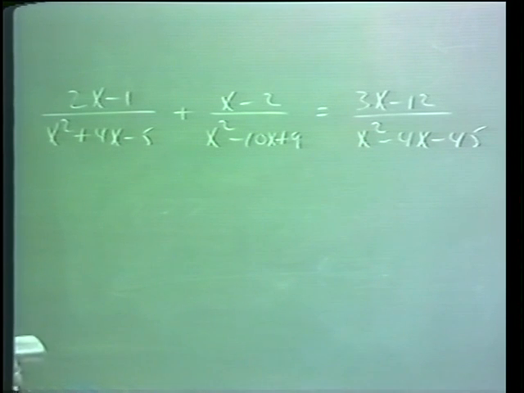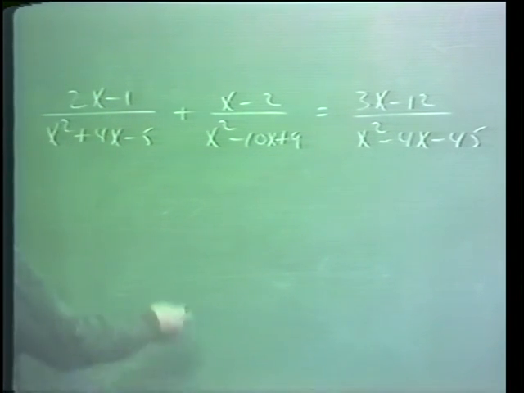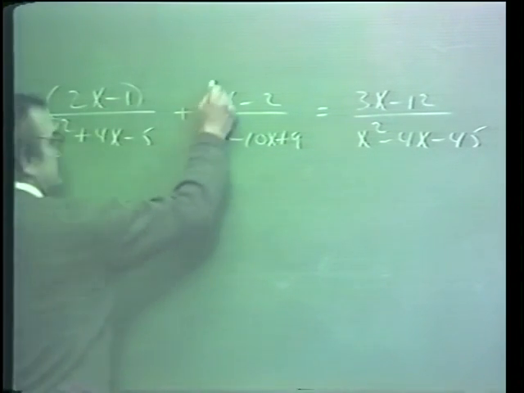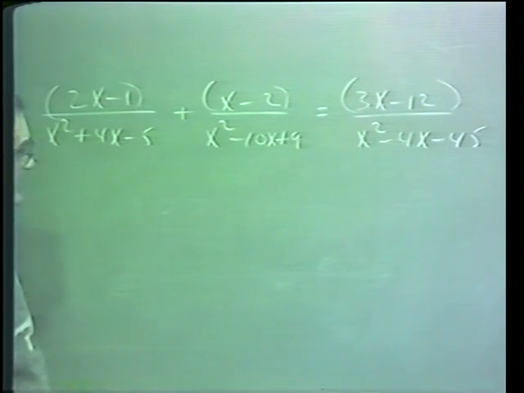X squared minus 10x plus 9. Last is 3x minus 12 over x squared minus 4x minus 45.